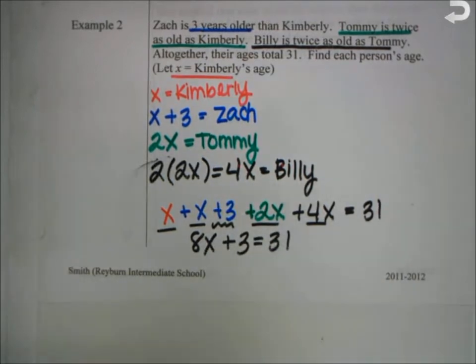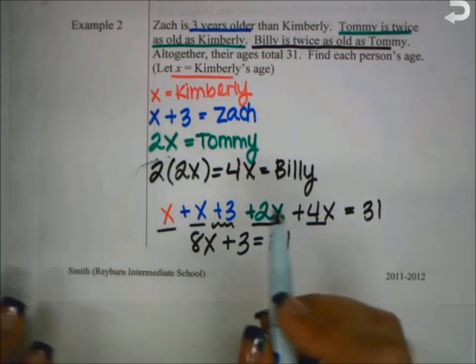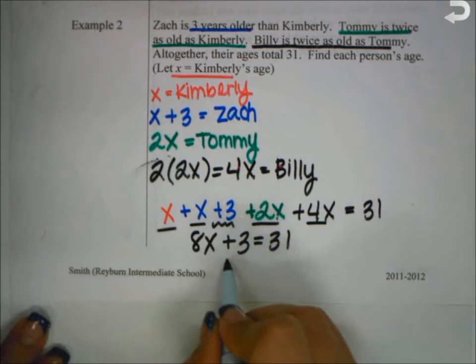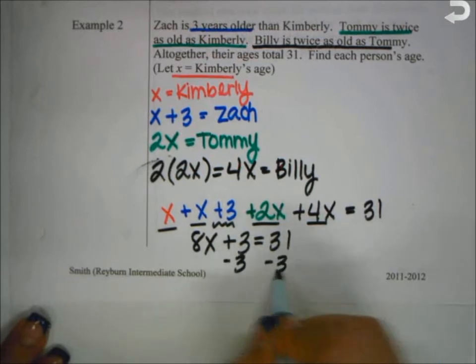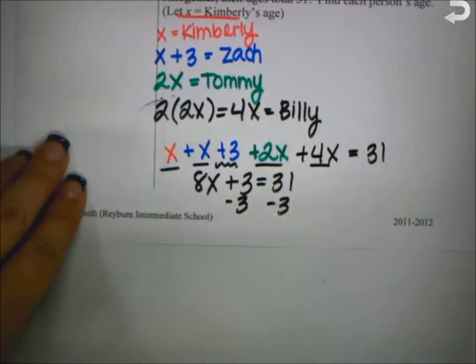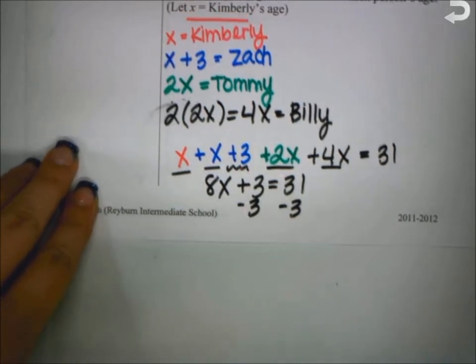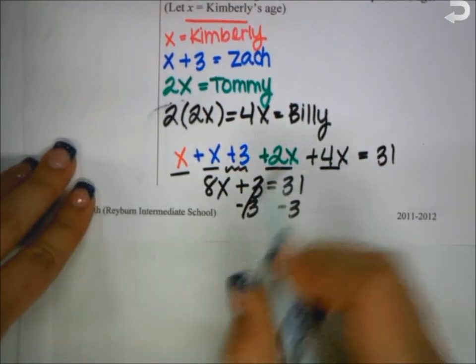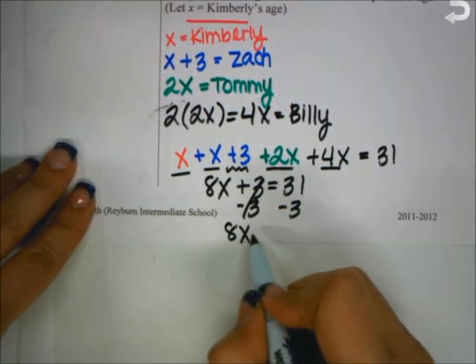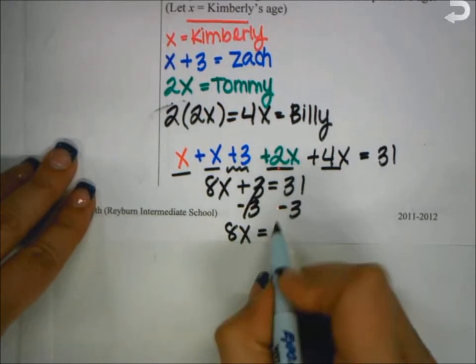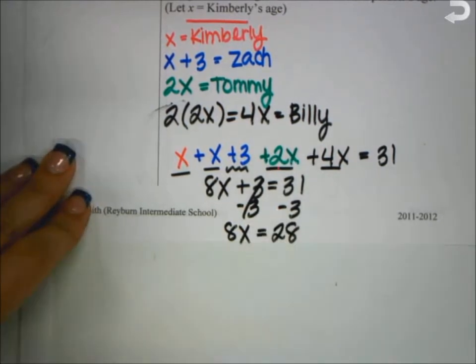Okay, to solve, what do I do? Subtract 3 from both sides. So those cancel, and I get 8x equals 28. Then I divide both sides by 8.